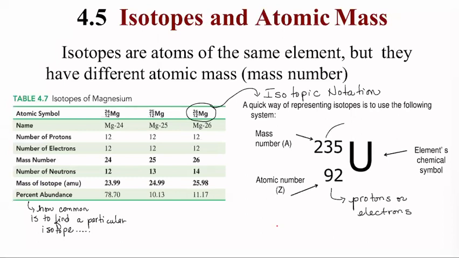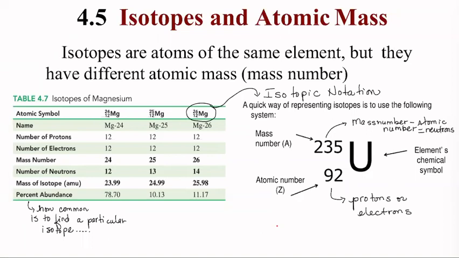And because this is the mass number, then you can say mass number minus atomic number is going to equal your neutrons.